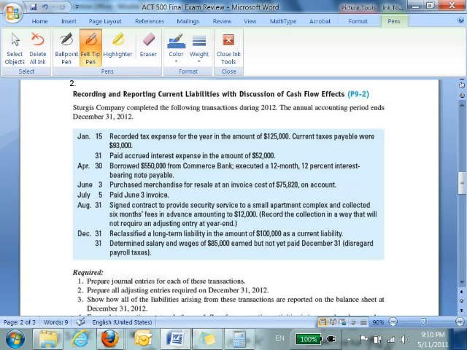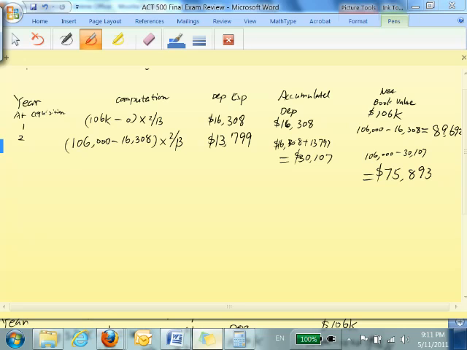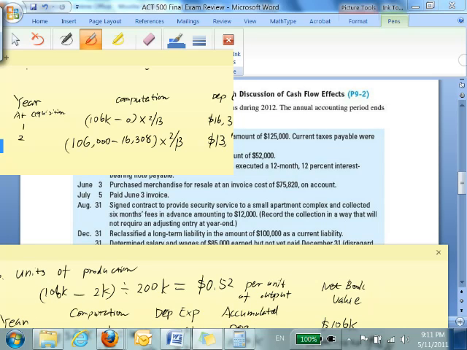First requirement, we need to prepare journal entries. So we do this one by one according to chronological order.